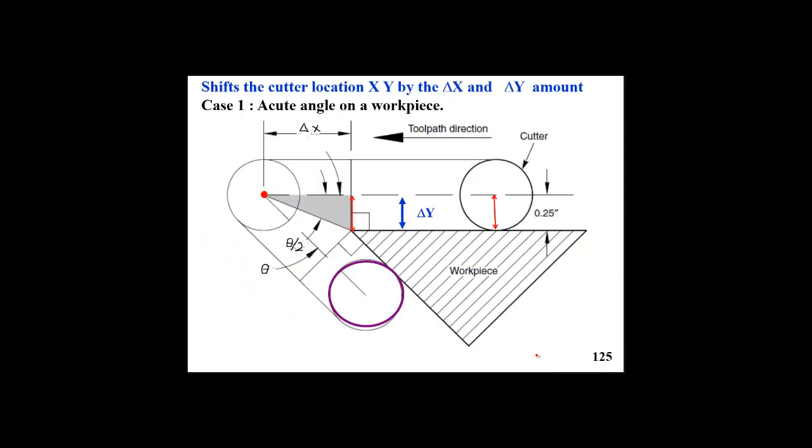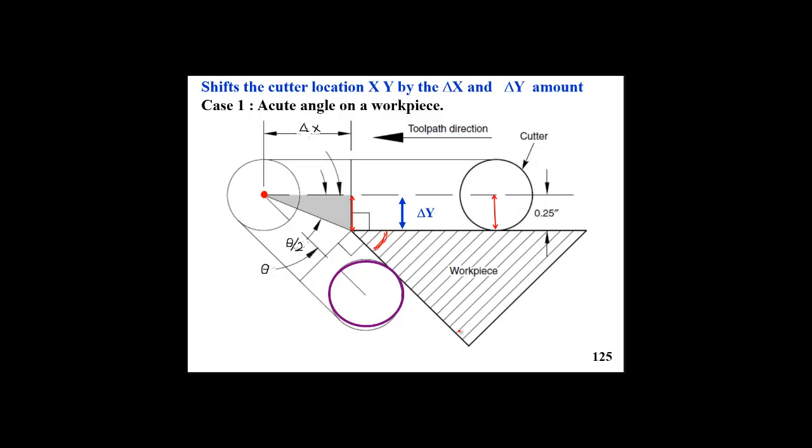The first case we have here is the workpiece with an acute angle. These are the two edges of the workpiece, and the cutter has to be moved in a certain path or direction to avoid that wrong cut in the workpiece.